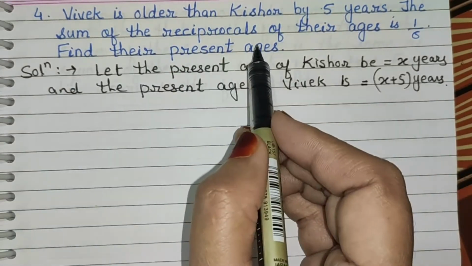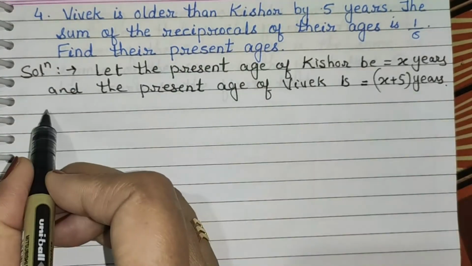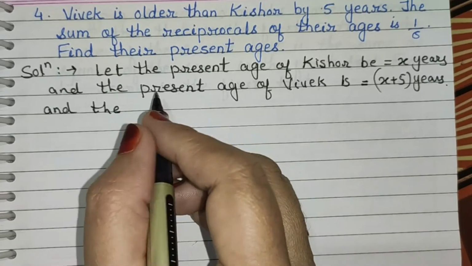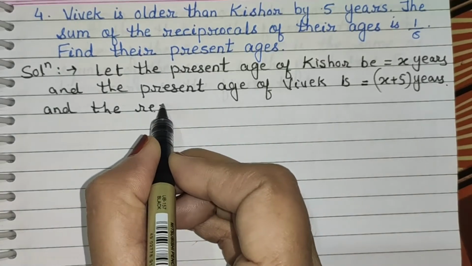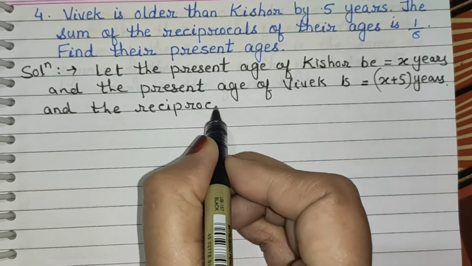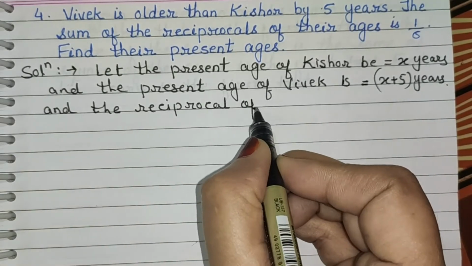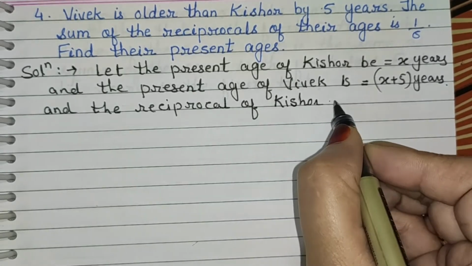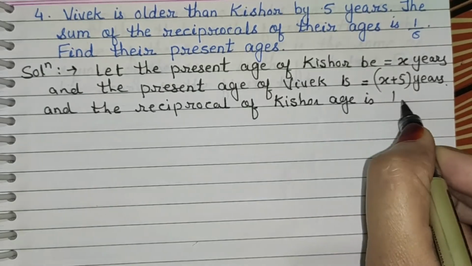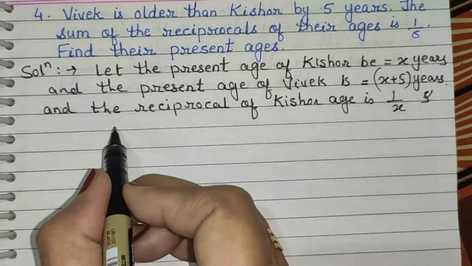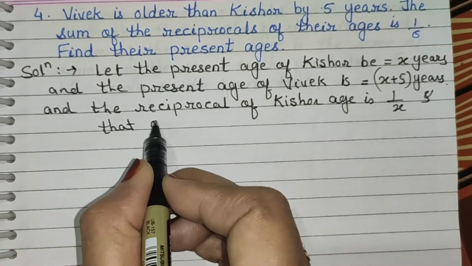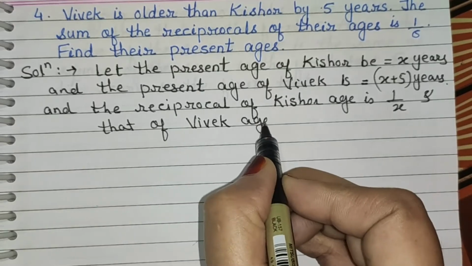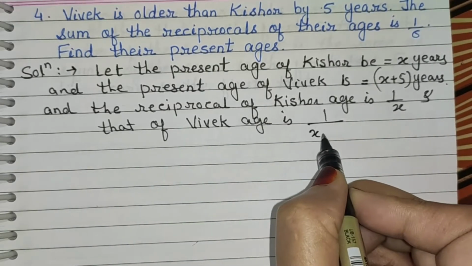Now, the sum of reciprocals of their ages is 1/6, and the reciprocal of Kishore's age is 1/x, and that of Vivek's age is 1/(x plus 5).